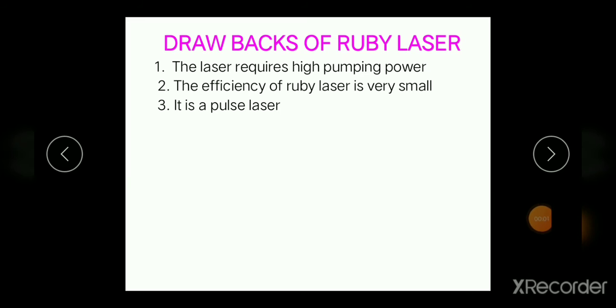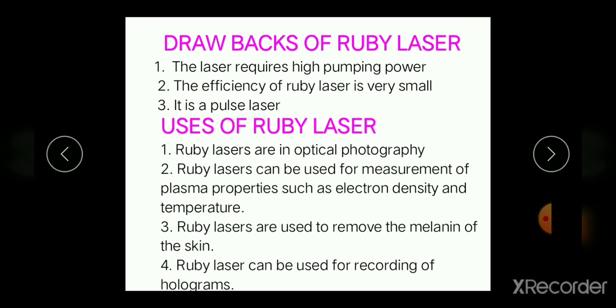Drawbacks of ruby laser. This ruby laser requires high pumping power, the efficiency of ruby laser is very small, and also it is a pulse laser. Uses of ruby laser. Ruby laser has wide application in various fields.